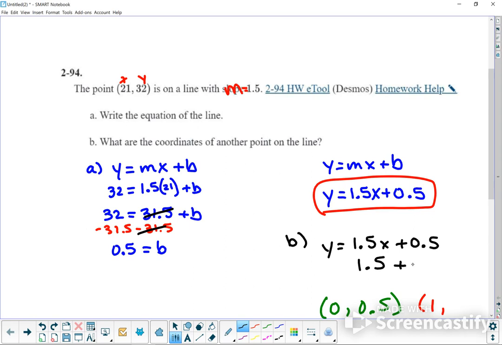So think about it as $1.50 plus 50 cents. And that makes $2. So the other point is (1, 2).